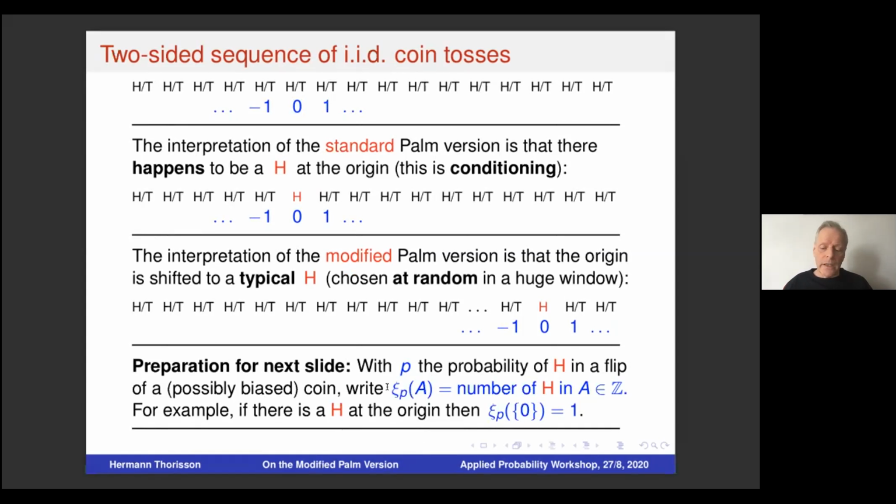And write psi_P(A) for the number of heads in the set A. So psi_P is a Bernoulli point process. For example, if there is a head at the origin, then this is the way to write it in this notation.